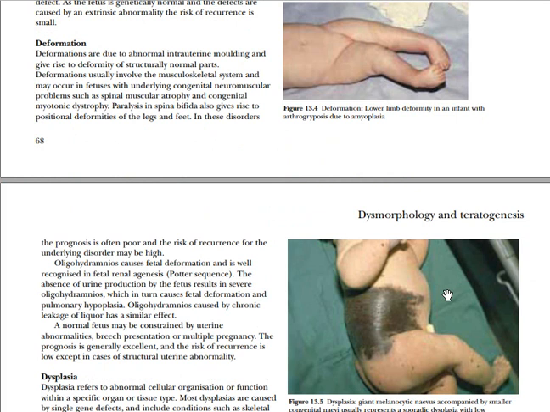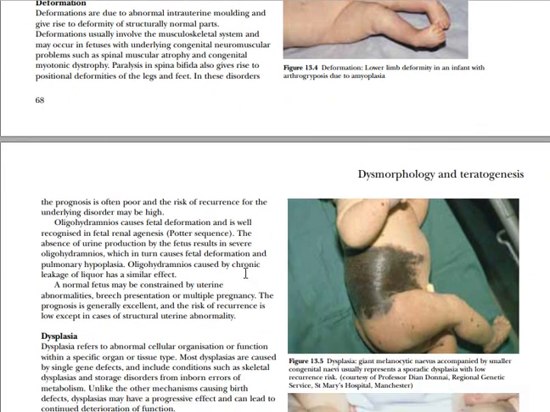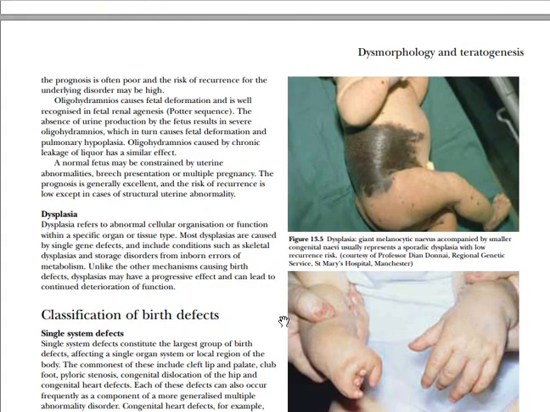Now the next one is dysplasia. So the definition of the term dysplasia: dysplasia refers to an abnormal cellular organization or function within a specific organ or tissue. At least this one I hope you understand.